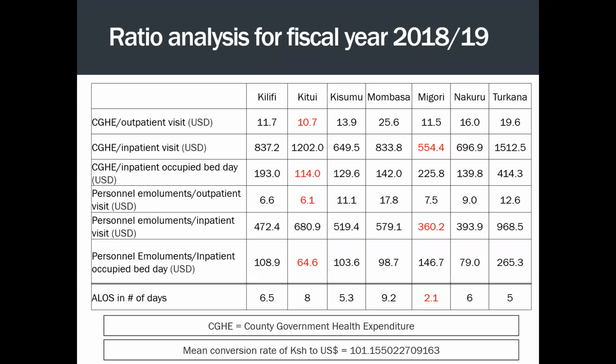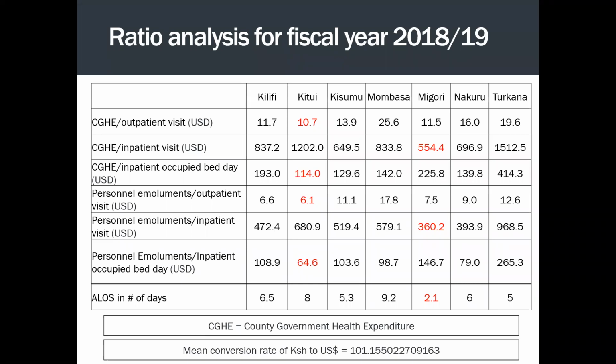However, even when we net out all these sources of variation, we still are able to see certain variations still there. And so what we normally do is to bring together technical staff from these counties to be able to discuss and come up with actionable activities that are aimed at improving some of these ratios.